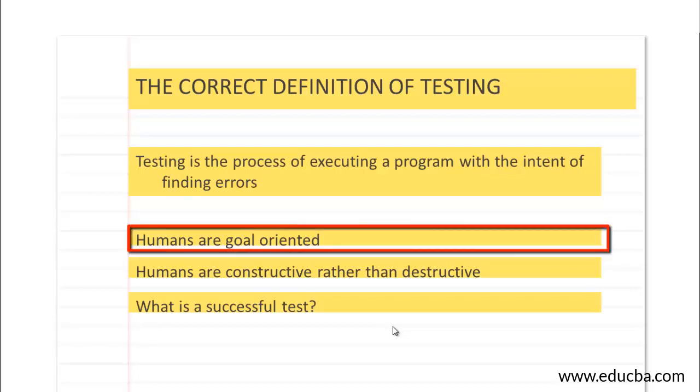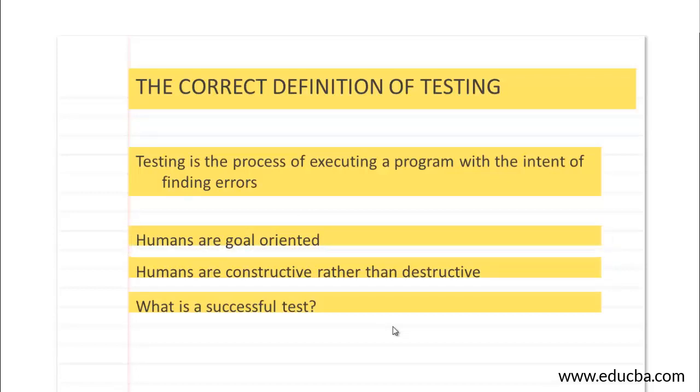Since humans are psychologically tuned to be goal-oriented, setting a goal to find errors encourages the tester to strive to achieve that goal. On the other hand, setting a goal that the program has no errors encourages the tester to show that it works properly by subconsciously choosing test cases and test data that will make it work.